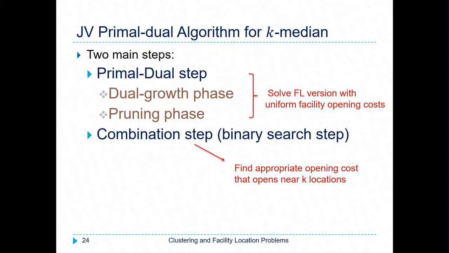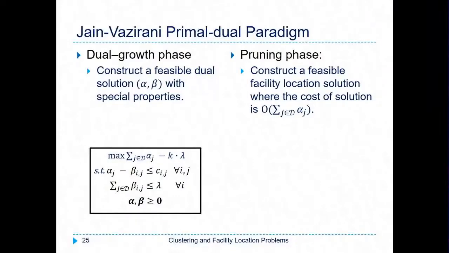As I said, now I'm going to explain the first step of the Jain and Vazirani algorithm, the primal-dual step, where we want to solve a facility version of the k-median problem where the facility opening costs are uniform. This step consists of two phases. The first phase is the dual growth phase, in which we construct a feasible dual solution alpha and beta to the dual of the LP.